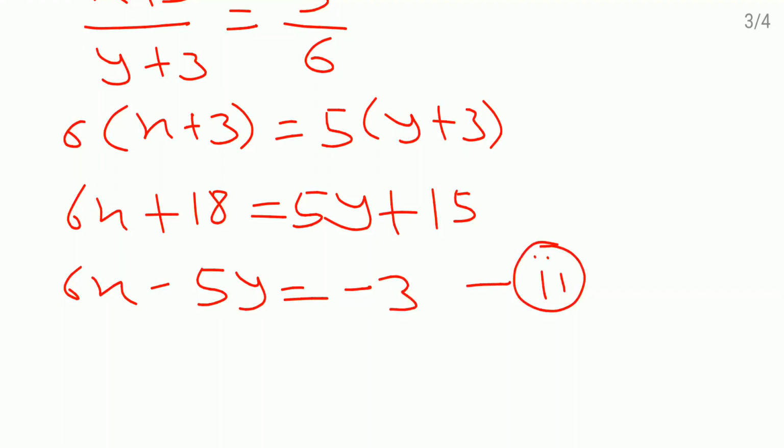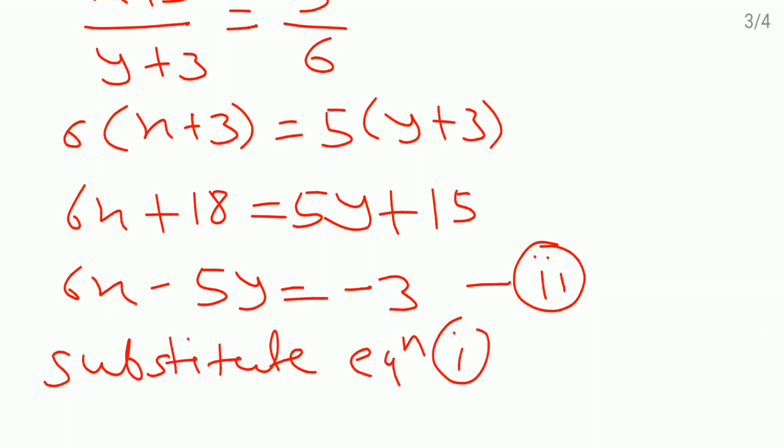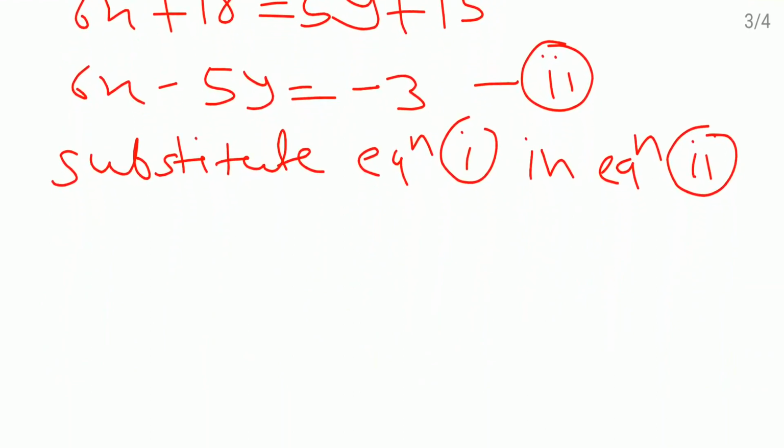Now I want to use the substitution method. So I will substitute equation 1 in equation 2. See here, now what happens here? 6, the value of x is 9y minus 4 divided by 11.